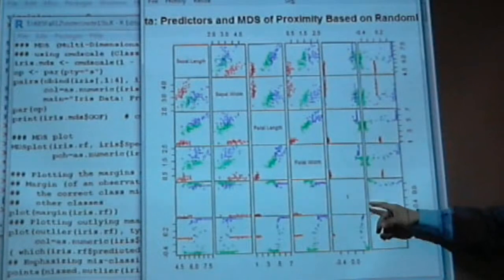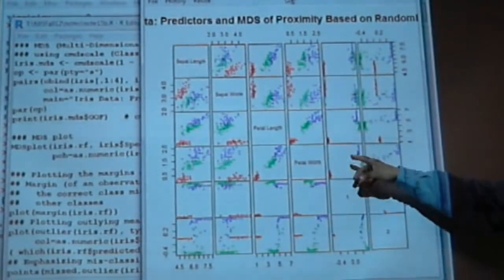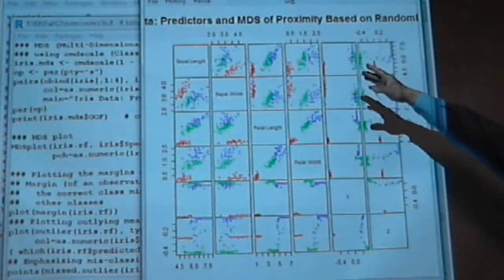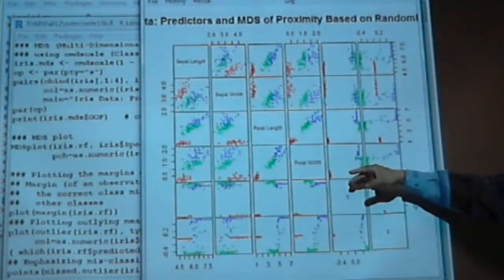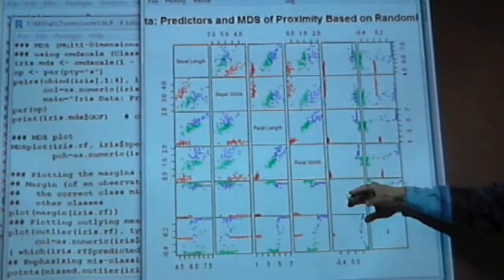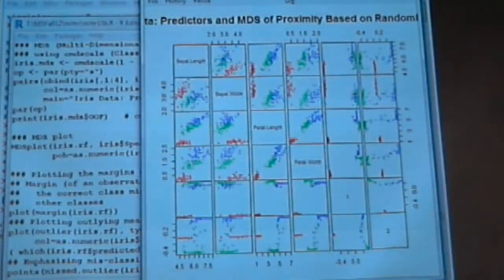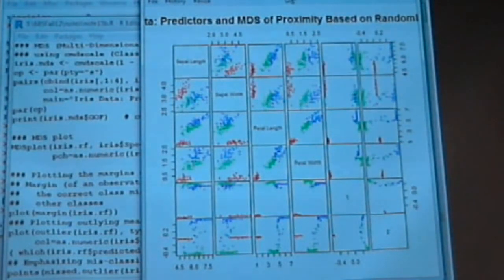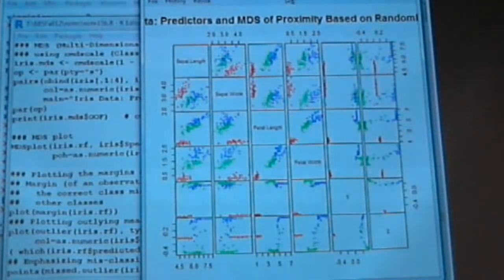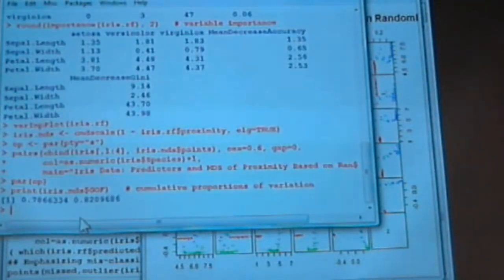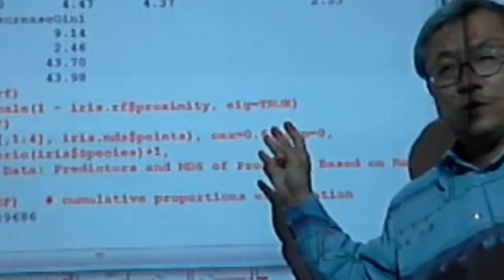Versus the first one. So the idea is that originally we have 4 dimensions and then we only reduce to 2 dimensions. Of course, here there is a loss of information because we didn't capture all variability. But the 2 will be enough to capture the majority of the variations in the data set. We'll talk about that later. Basically, this output gives the cumulative proportions of variation captured by the 2 dimensions.